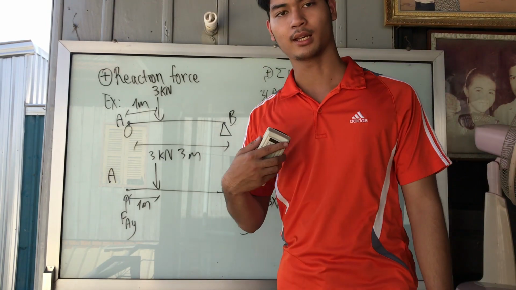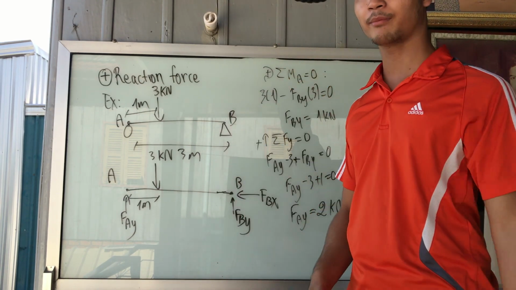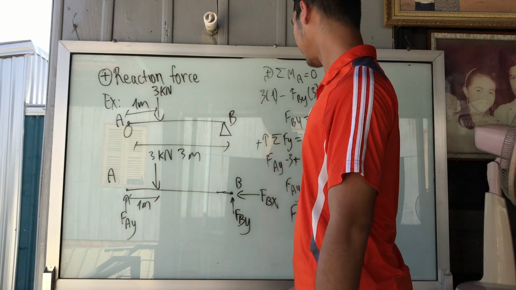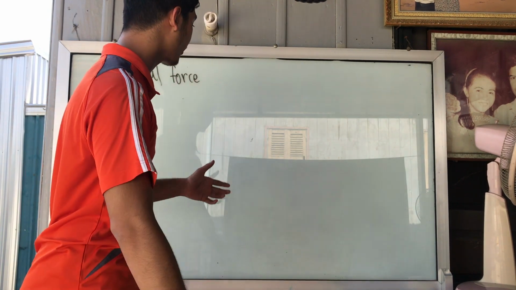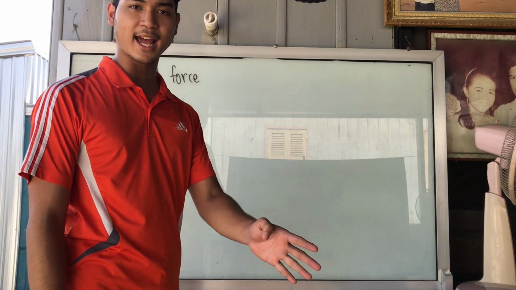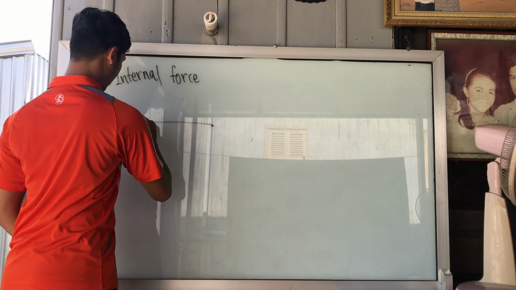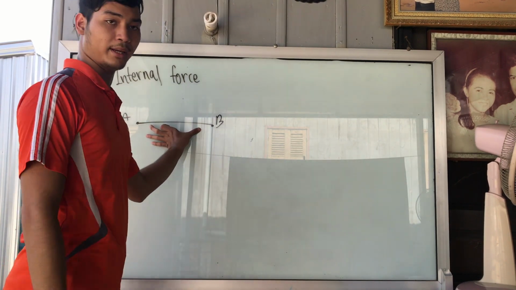After we know the reaction force, I will briefly tell you about the internal force. Okay, so what is internal force? Internal force is just like the reaction force, but inside the body. For example, this is our beam.